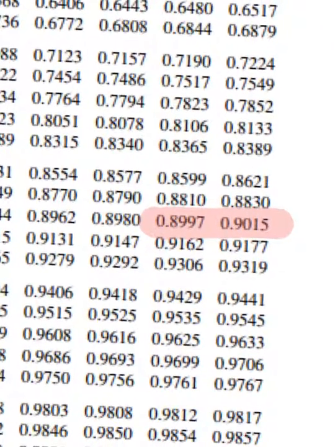It's between two probabilities, 0.8997 and 0.9015. So between these two there is a probability of 0.9. But what do we need? A z-score.